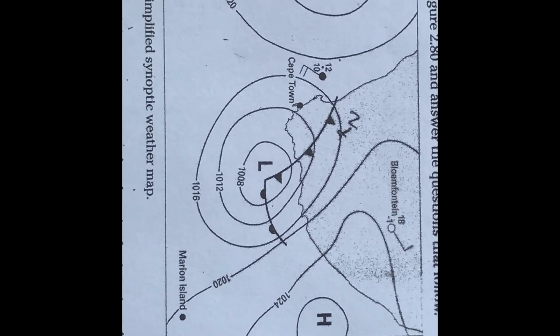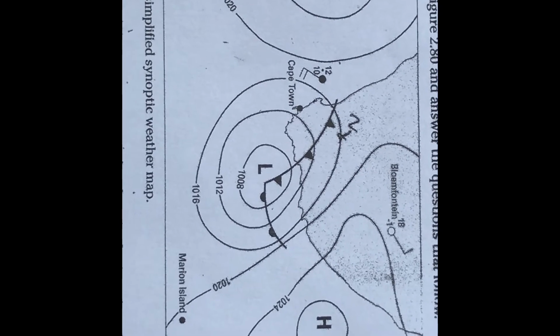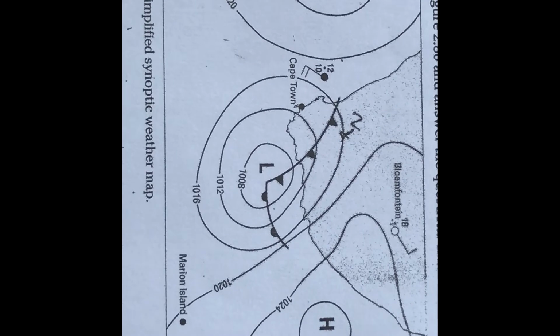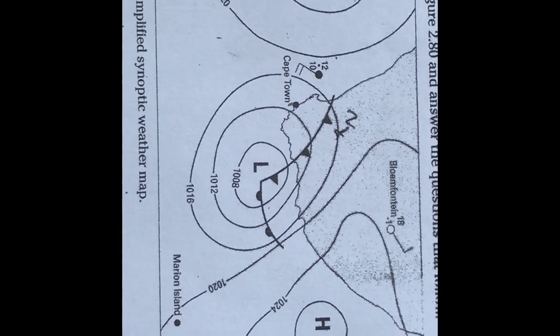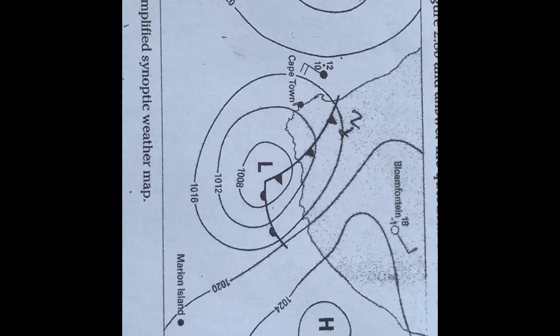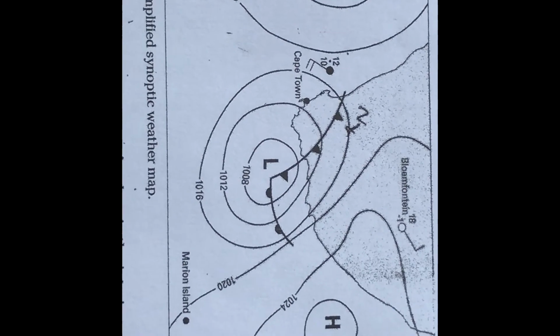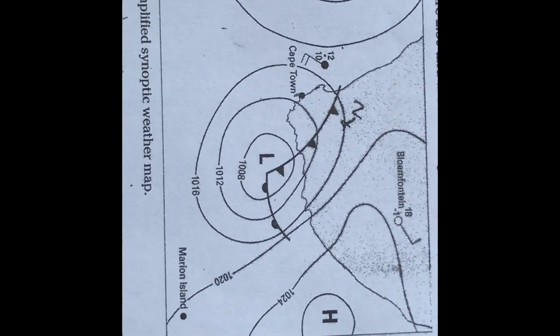And now let's look at the circle right in the middle, the bigger circle. The bigger circle is showing us that it's overcast, meaning there is a very, very high chance of rain. Let's look at the direction of the wind. Let me try and work that out.